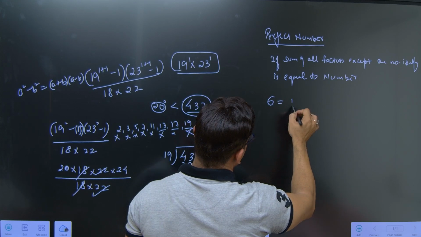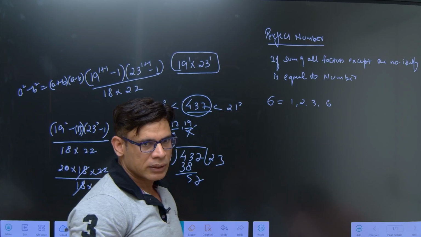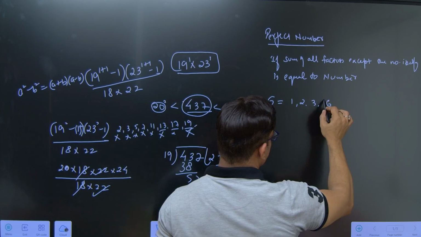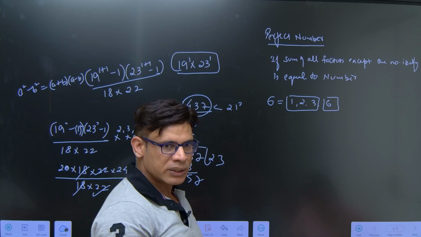Suppose 6. What are the factors of 6? 1, 2, 3 and 6. So remove this number because 6 is the number. What is the sum of all this, which is equal to the number itself?